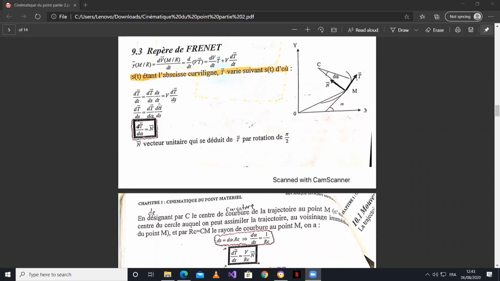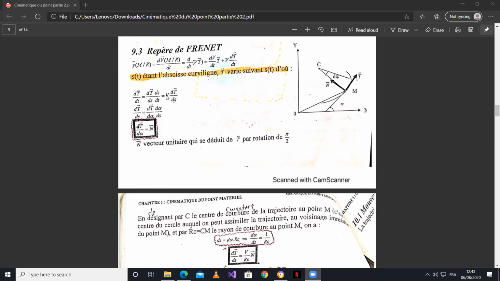We were looking for the expression for d alpha over ds. We have found that d alpha over ds is actually just equal to the reciprocal of the radius, which is 1 over Rc. So we have worked out dt over d alpha, which is n, and we have worked out d alpha over ds, which is 1 over the radius. That's why we have 1 over Rc multiplied by n.